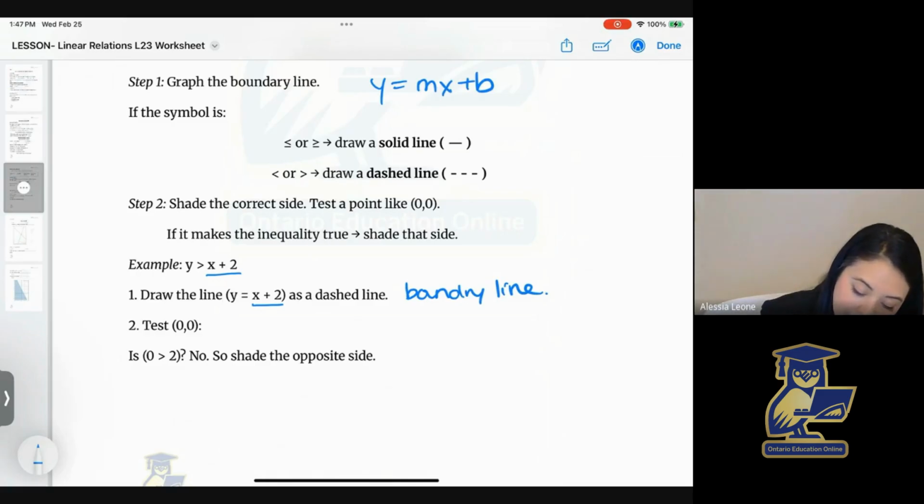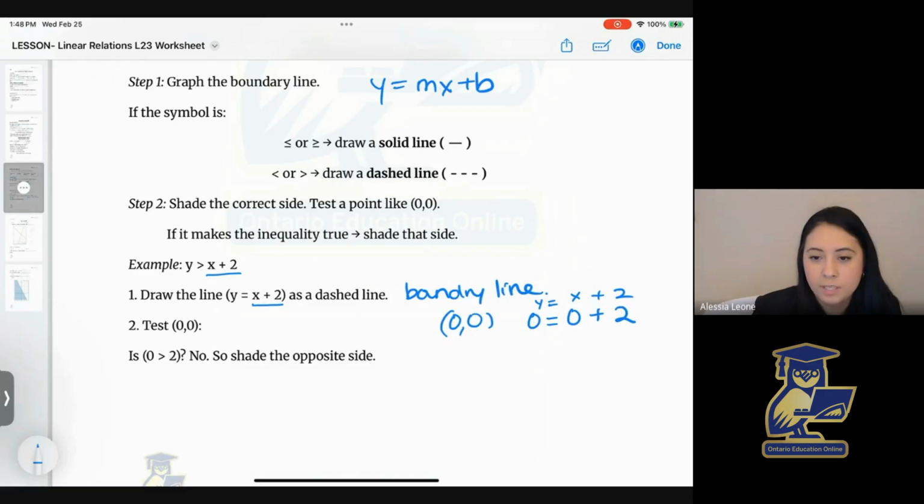So we would take 0, 0 and input it into our equation. That's our equation, y equals x plus 2. I'm just inputting our testing point, 0, 0.